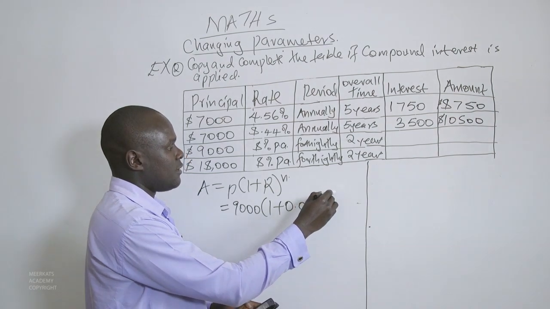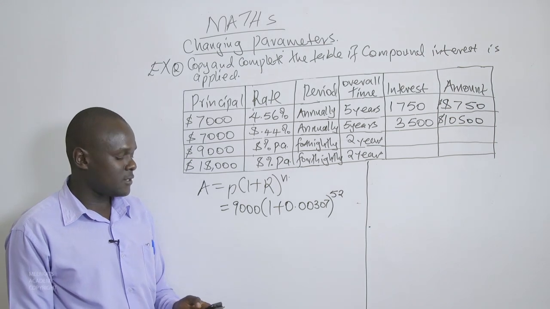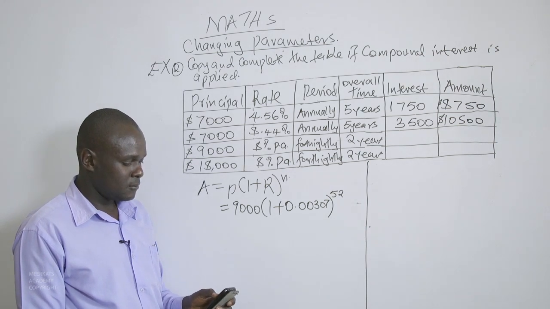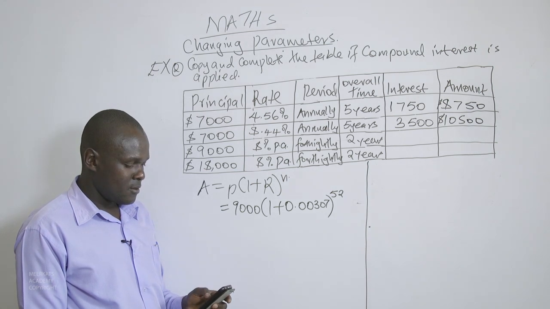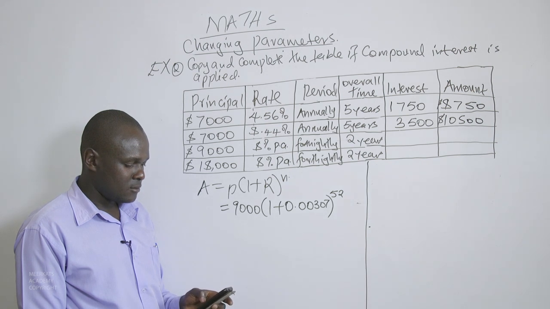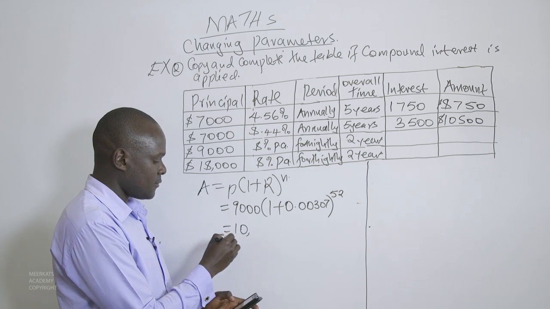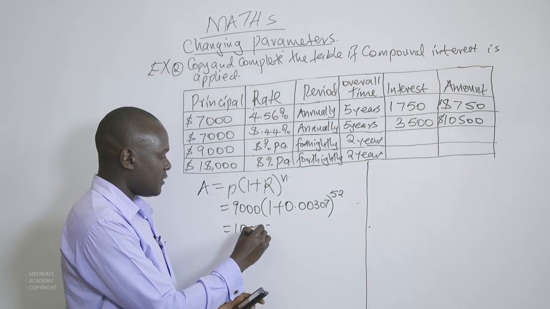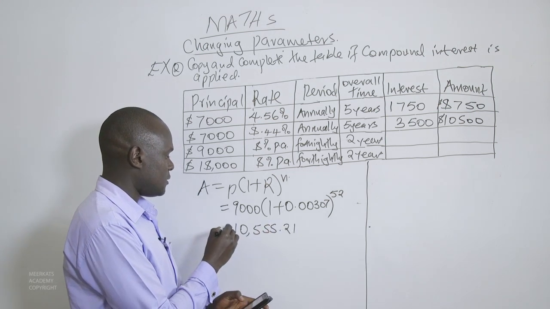Then the periods we have agreed, there are 52 periods in 2 years compounded fortnightly. So this will be 1.00307 raised to power 52 multiplied by 9,000. And this will give us 10,555.21 dollars.